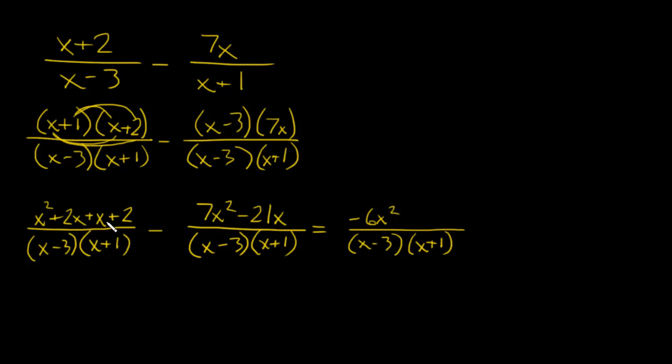I've got 2x plus x, which is 3x, minus negative 21x. So it's going to become a plus 21x. So 3x plus 21x is plus 24x. And then finally, plus 2. And that is it. That is as complicated as you might see. Alright, so next let's move into multiplying and dividing these things.